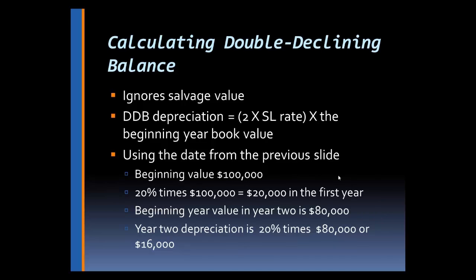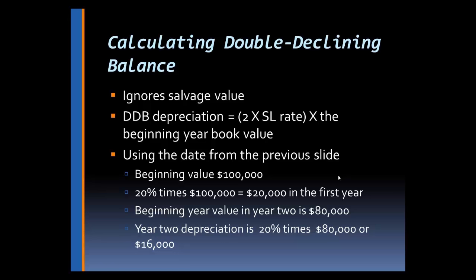Now, in calculating double declining balance, we ignore salvage value. Double declining balance is calculated as follows. We take 2 times the straight line depreciation rate times the beginning balance at the beginning of the year, the book value. Now, book value is acquisition cost less accumulated depreciation that has been taken in prior periods.